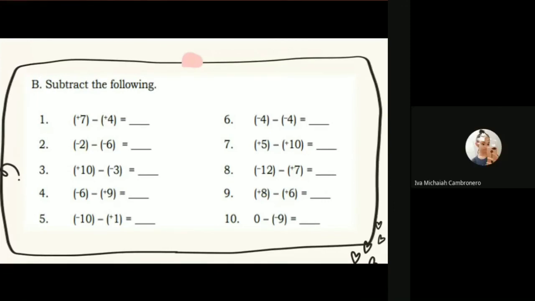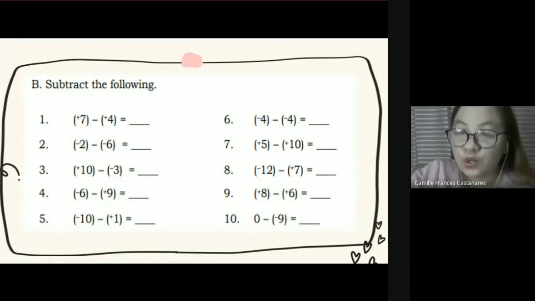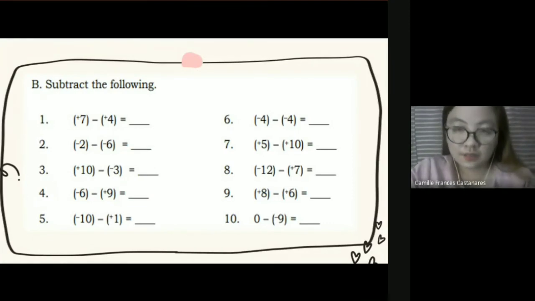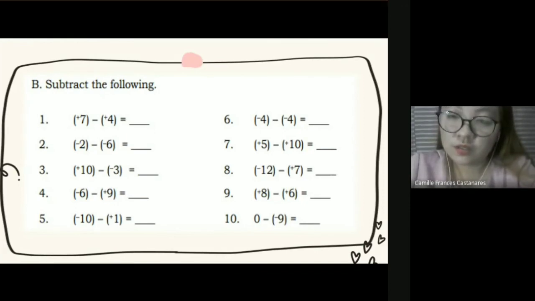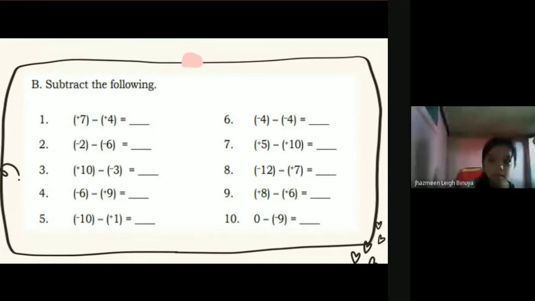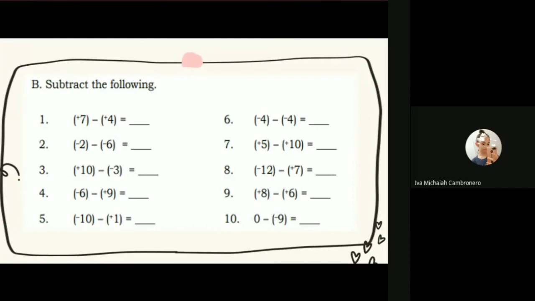After ng keep, change, change, anong sunod?